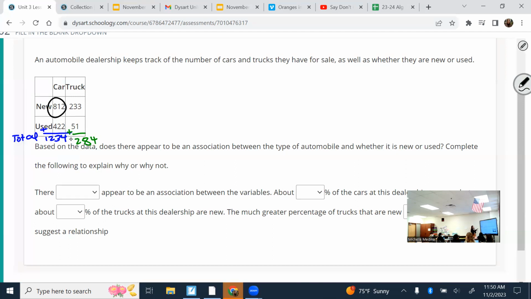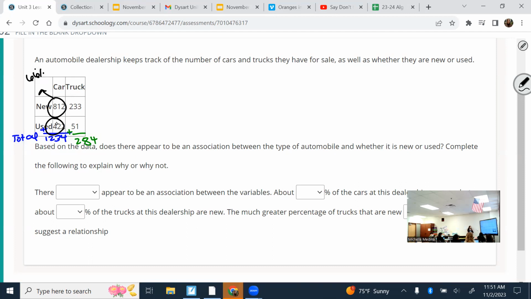So in this first box, that is 66% of the cars on their dealership are new. Then we want to see how many of those cars are used that remain in the dealership. You have two options.